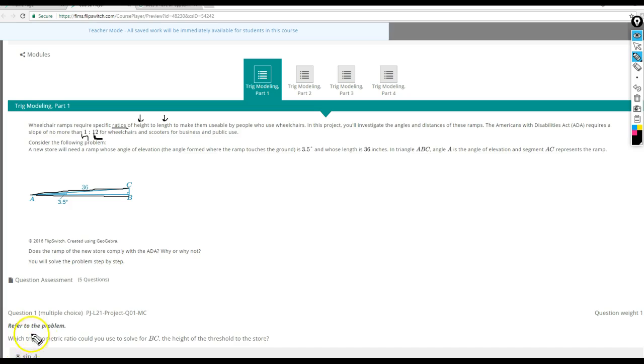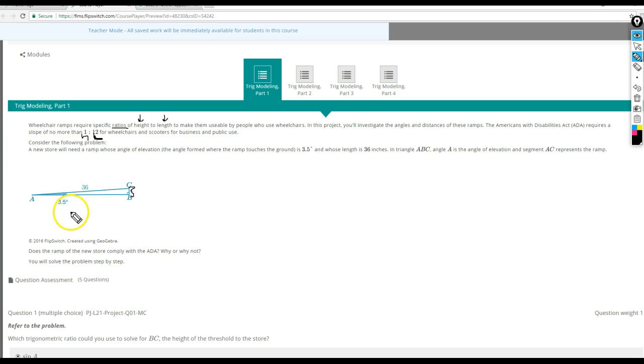Now, question 1, it says, which trigonometric ratio could you use to solve for side length BC, the height of the threshold to the store? Alright, side length BC is right here. And this is how I'm going to ask myself how to decide which trig ratio I need.